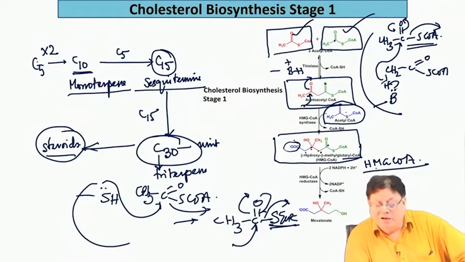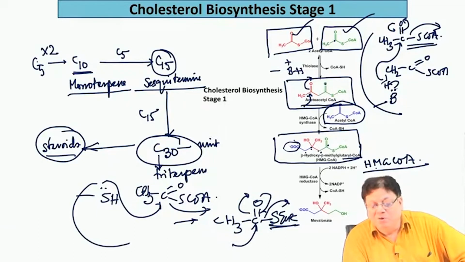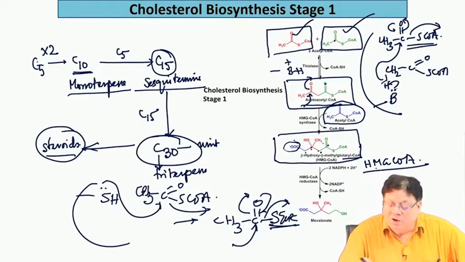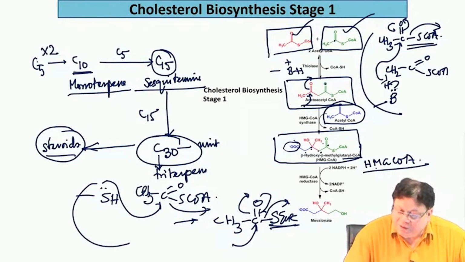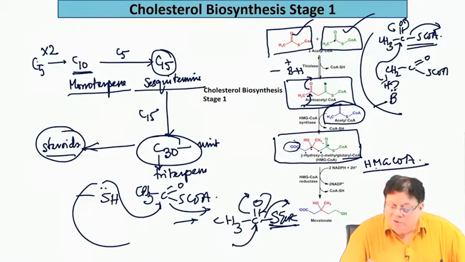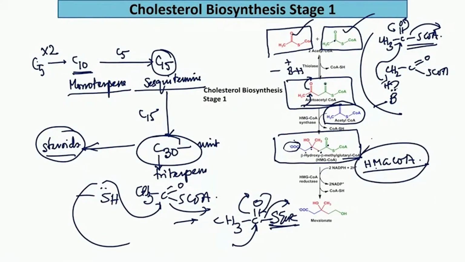CoA also goes. So, at one end you have a CO2 minus and the other end you have the CoA thioester. Okay. This is what is called hydroxymethyl glutaryl CoA, HMG CoA. This is very important, that is why I am spending so much time.